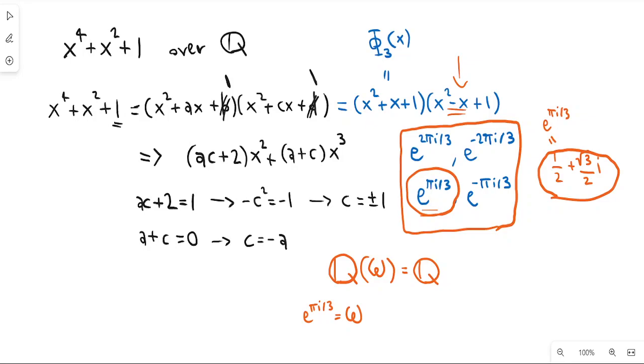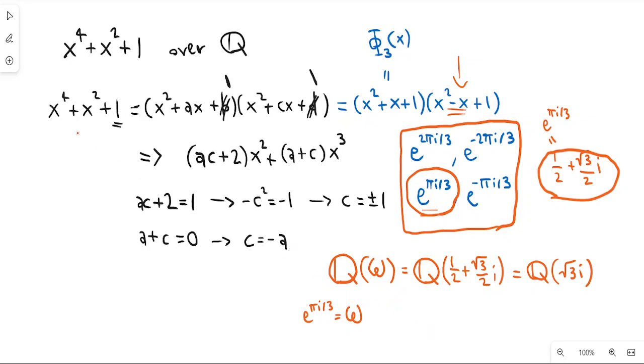So I can write this as Q adjoin 1/2 plus root 3 over 2 i, but really that's equivalent to just Q adjoin root 3 i, right? Because this is a field extension. So if I have square root of 3 i, I also have square root of 3 i times 1/2, and then I also have that number plus 1/2. So it's the same thing.